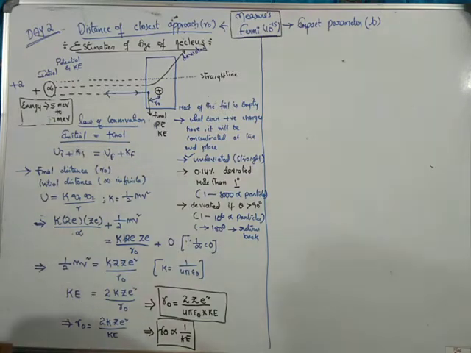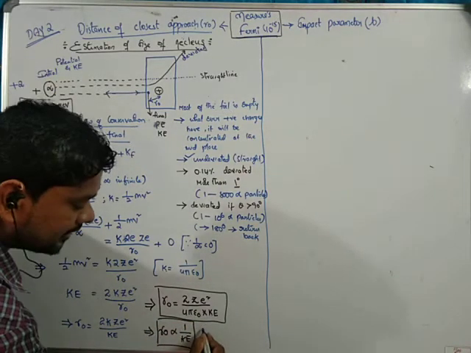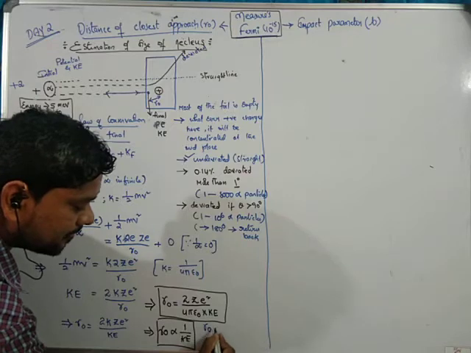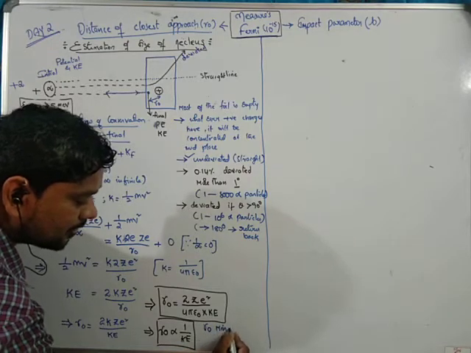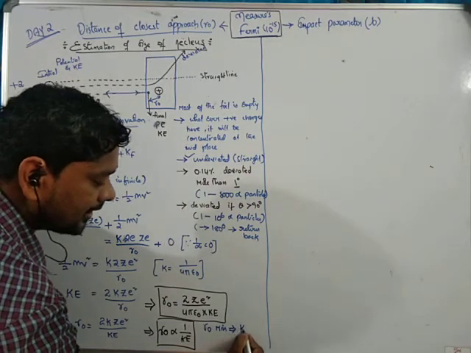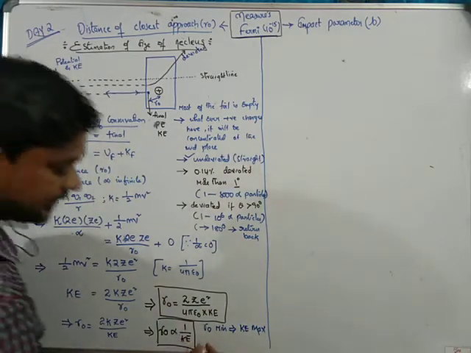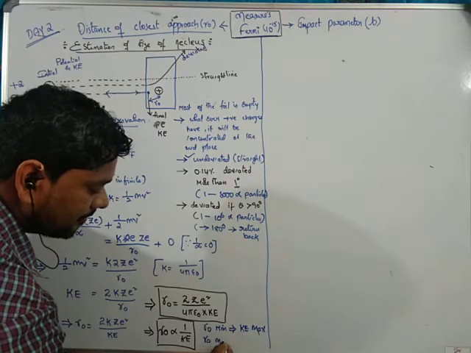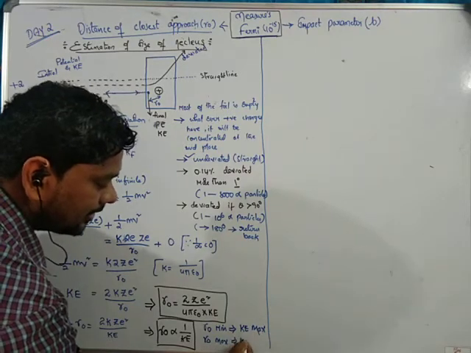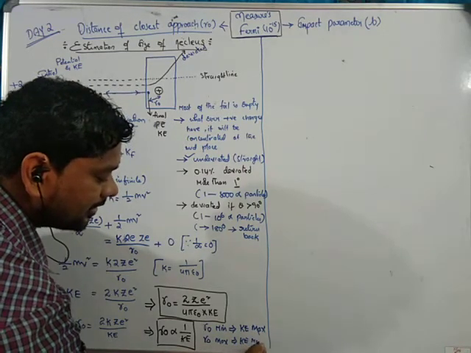What does it indicate? When the distance is minimum, the kinetic energy will be maximum. If the distance is maximum, the kinetic energy will be minimum.